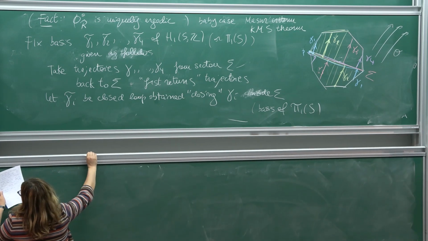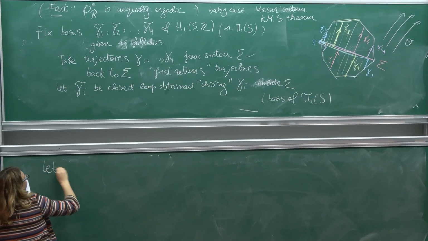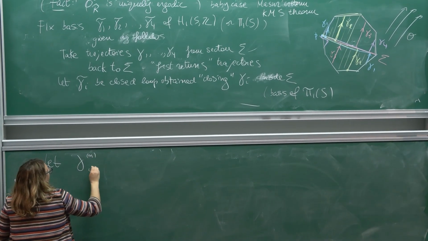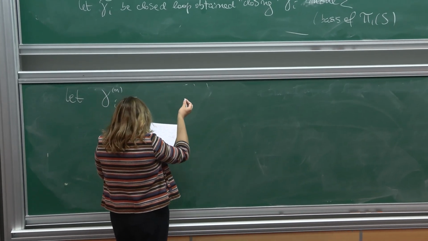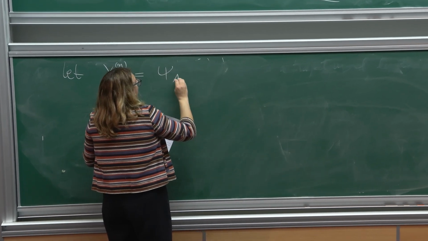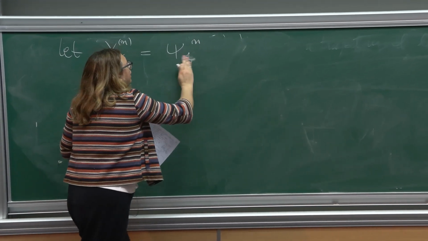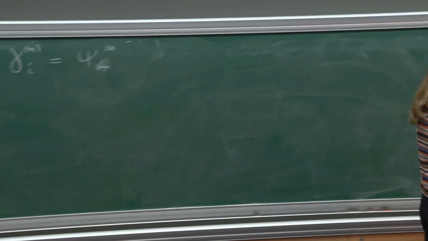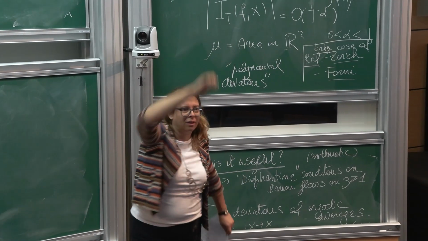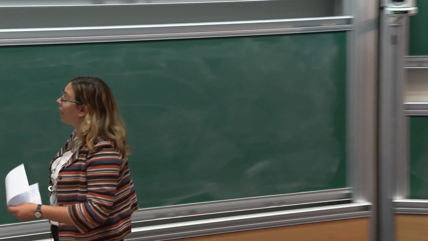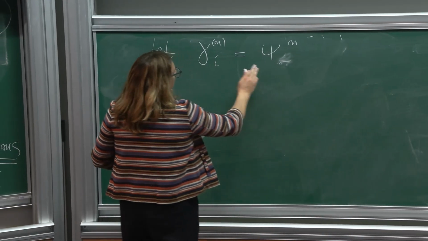So now let me call them gamma n i. So these are trajectories. This will be psi to the n, where psi is my hyperbolic diffeo.